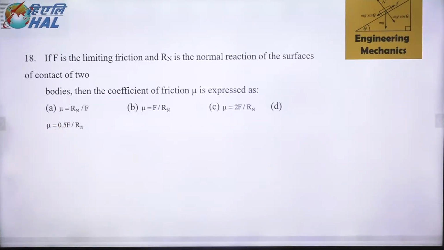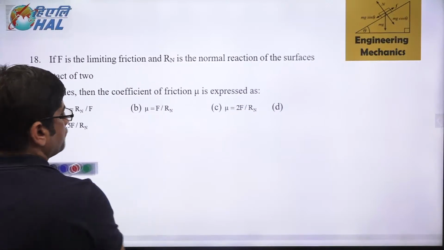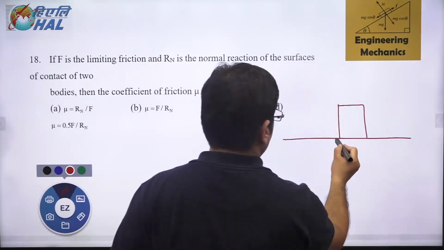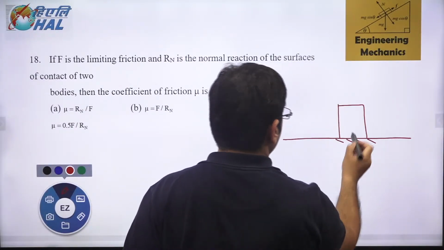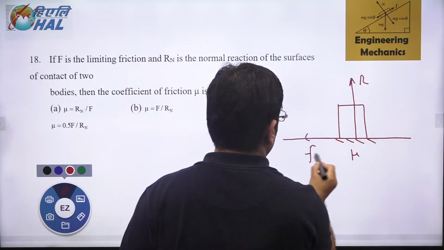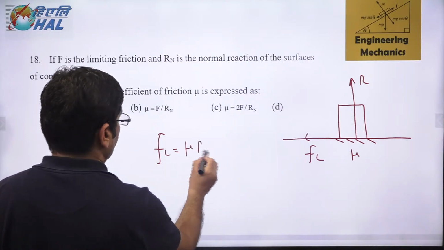F is the limiting friction and Rn is the normal reaction. How do you calculate the coefficient of friction? Everybody knows these formulas of friction. Let us say this body has coefficient of friction mu and R is the normal reaction. The force of limiting friction is mu into normal reaction.